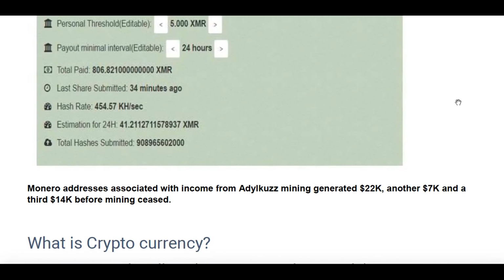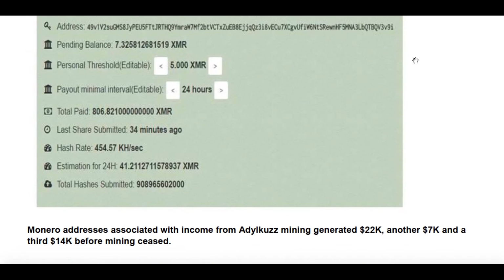Now Adylkuzz began its campaign on or before, I think, 2nd May, more than a week before WannaCry crypto exploded onto the scene. One of several Monero addresses associated with income, as you can see, is here; I have provided that particular address.